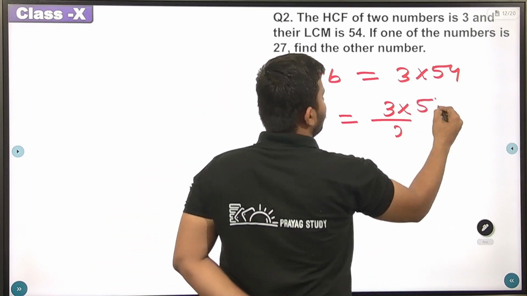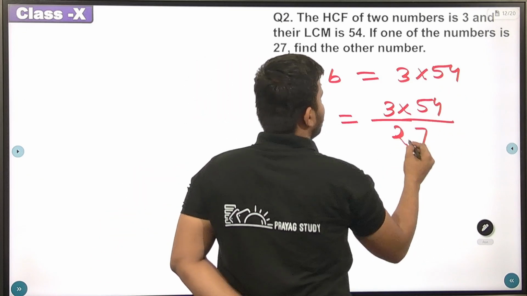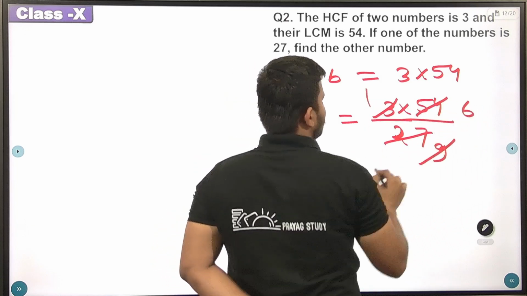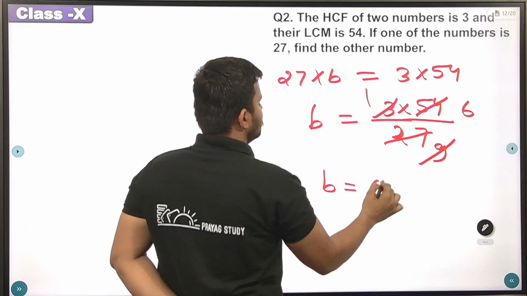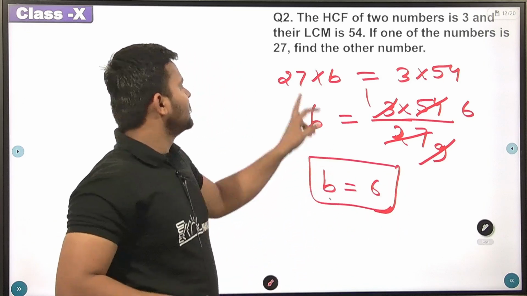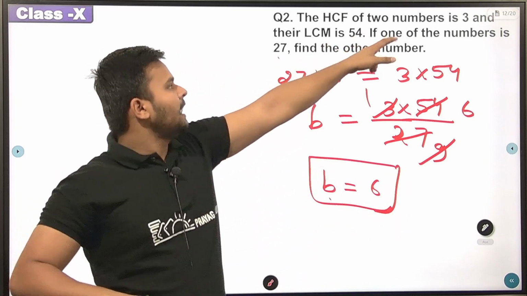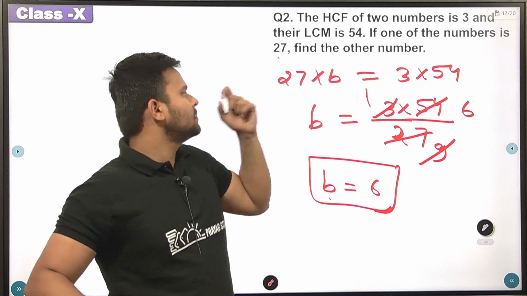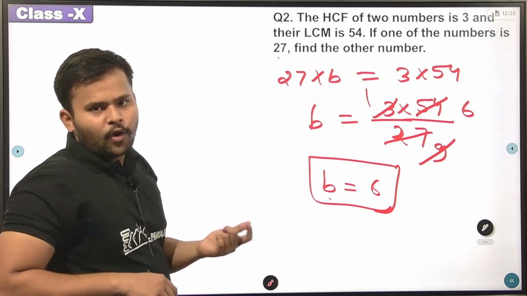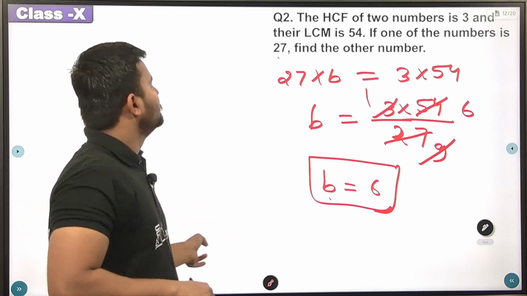Now with 3, 3 1s are 3, 3 9s are 27, 9 6s are 54. So B is 6. Now you can easily verify as well. For the two numbers 6 and 27, is the HCF 3? Yes, it is 3. Is their LCM 54? Yes, it is 54. So this is how we can solve this question.